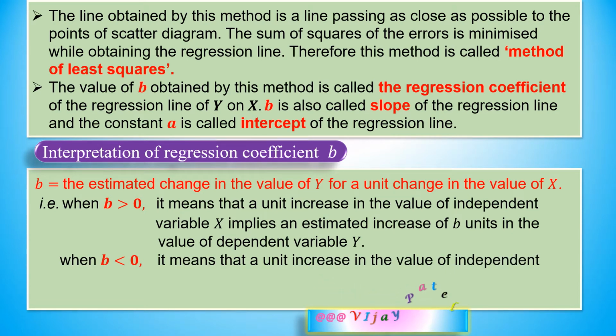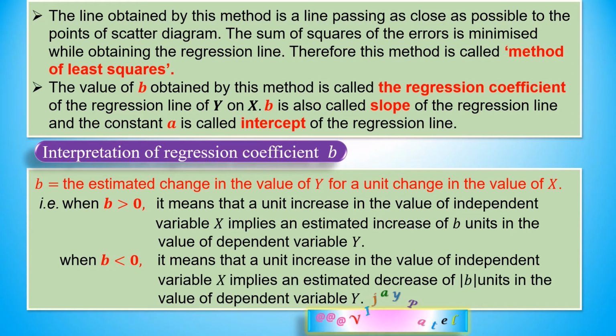When b is less than 0, it means it is negative. It means that a unit increase in the value of the independent variable x implies an estimated decrease of mod of b units in the value of dependent variable y.